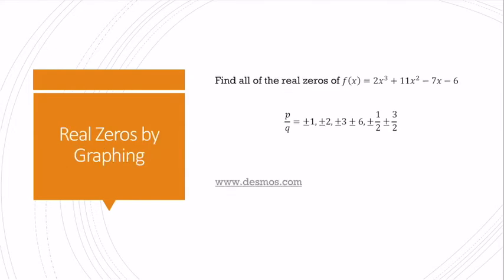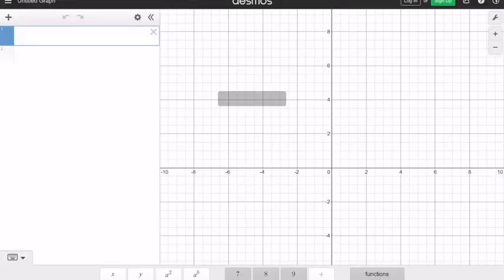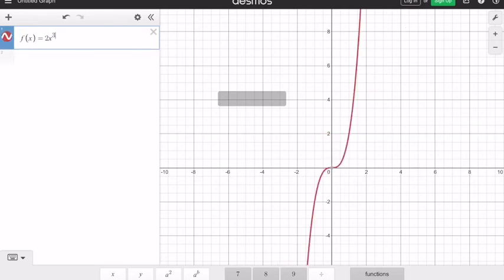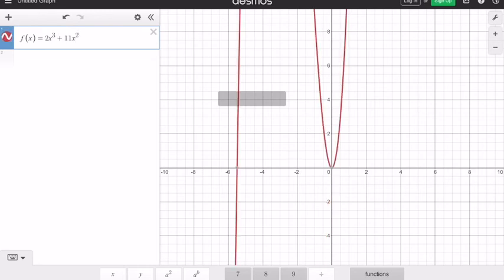We could also check our real zeros by graphing. So if we go to Desmos, you know it's my favorite, and we enter our polynomial, which is f of x equals 2x cubed plus 11x squared. I'm sure you guys just love me reading equations out loud.